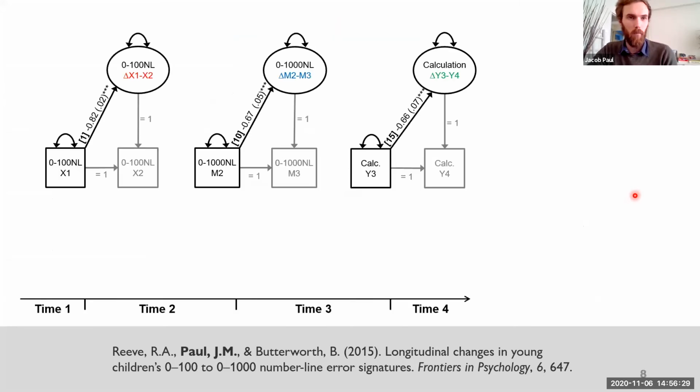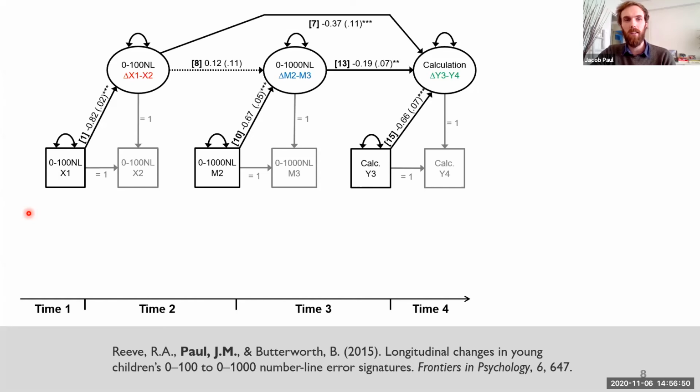So what does that look like? Well, here's our three measures across our 4 time points. And again, we can see that this is a non-zero value for all tasks, which suggests that if we had used a t-test, we would be underestimating or overestimating the change.